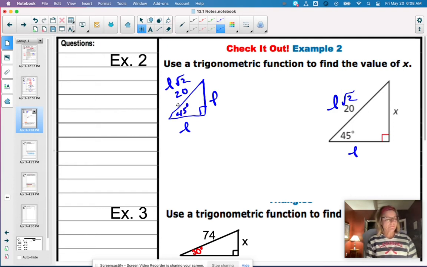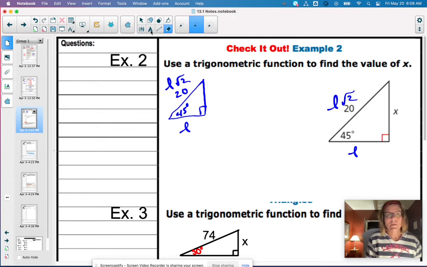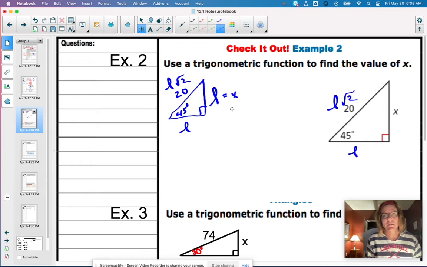All right, so let's fix that really quick. There we go. And we're trying to find X, which is what they're calling this side over here. So I'll just go like that. That's our X.